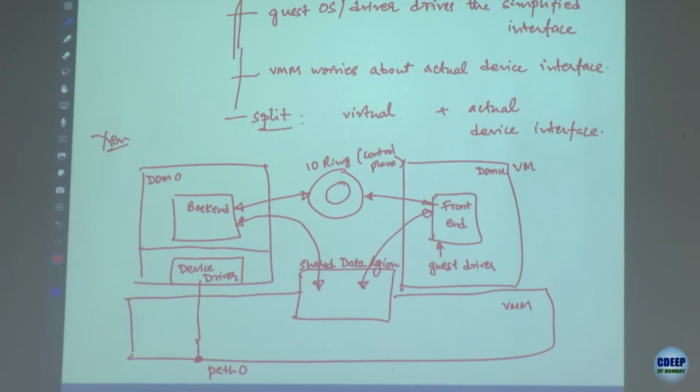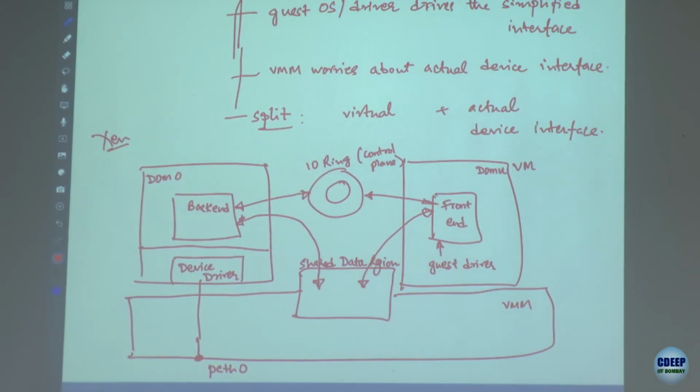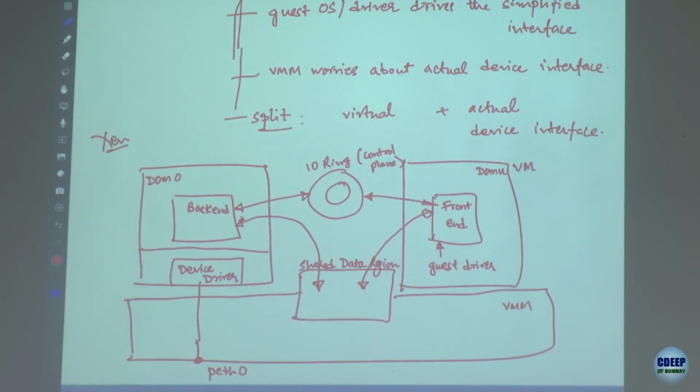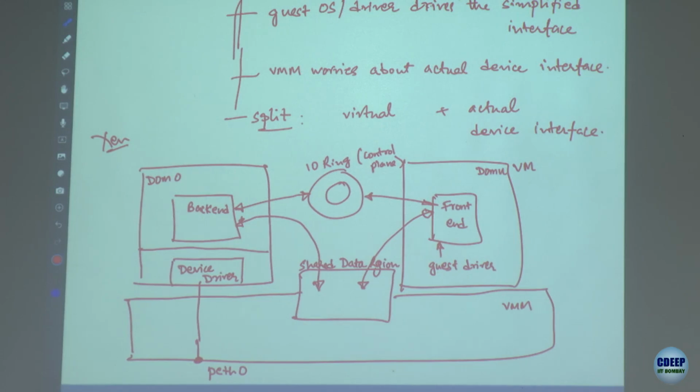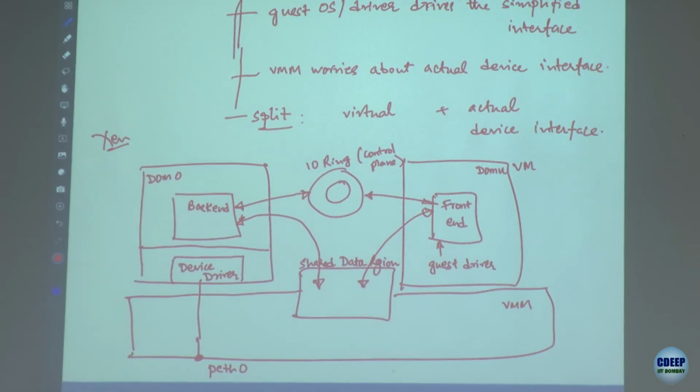And the idea is as follows: whenever a new VM comes up, the control plane is the one which starts the VM and registers a bunch of shared memory regions for devices that have been exported and probed by the guest, right? So for example, when a machine comes up, it probes a bunch of devices. These devices are exposed via some Xen protocol which says you have a bunch of these devices.